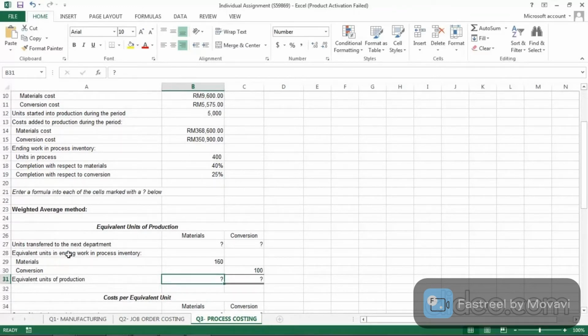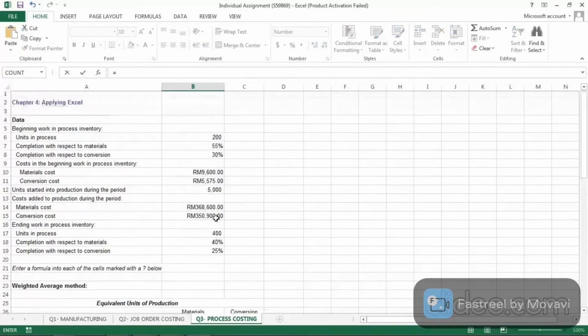Deduct equivalent units in ending work in process inventory, 400. We will get the total units transferred to the next department, 4,800. Thus, we always assume that units transferred to the next department are 100% complete. So, for materials and conversion, it will be 4,800.